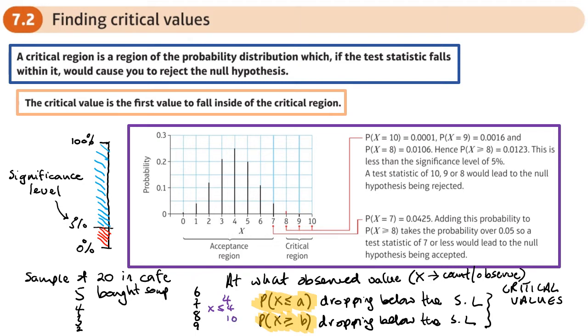Then if I observe anything more than 10, there's something wrong. I would talk about that being my critical region. So once we've got the critical value, we can then find what we call the critical region. Again, this can sometimes be tricky to get your head around. The maths isn't actually difficult, but just understanding what you're doing and why you're doing it is the hard part.